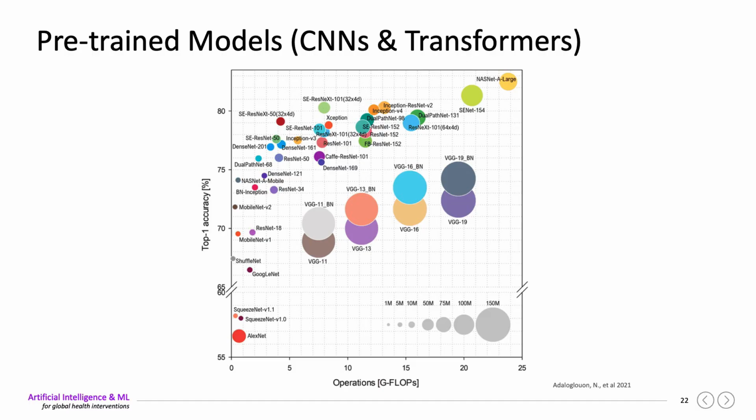Efficient models like MobileNet, ShuffleNet, and SqueezeNet sit in the low-cost region, while heavier families like VGG, ResNet, DenseNet, SE-ResNeXt, and NASNet-Large occupy higher accuracy and higher compute. The practical message for deployment is that model selection is a trade-off. You must balance accuracy against flops and parameter count, especially when targeting mobile or edge devices in global health settings.